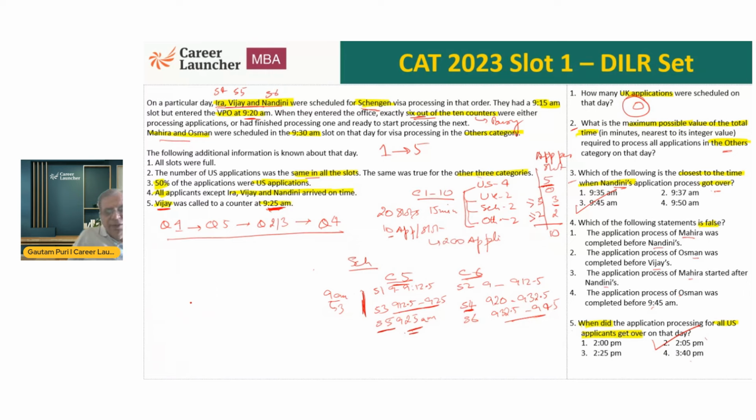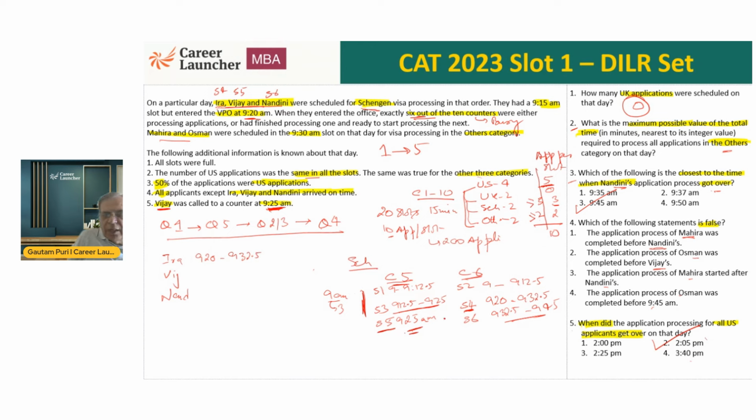As far as Ira, Vijay and Nandini are concerned, because question number 4 talks about timing for Vijay and Nandini. Ira's process will start at 9:20 and go till 9:32.5.